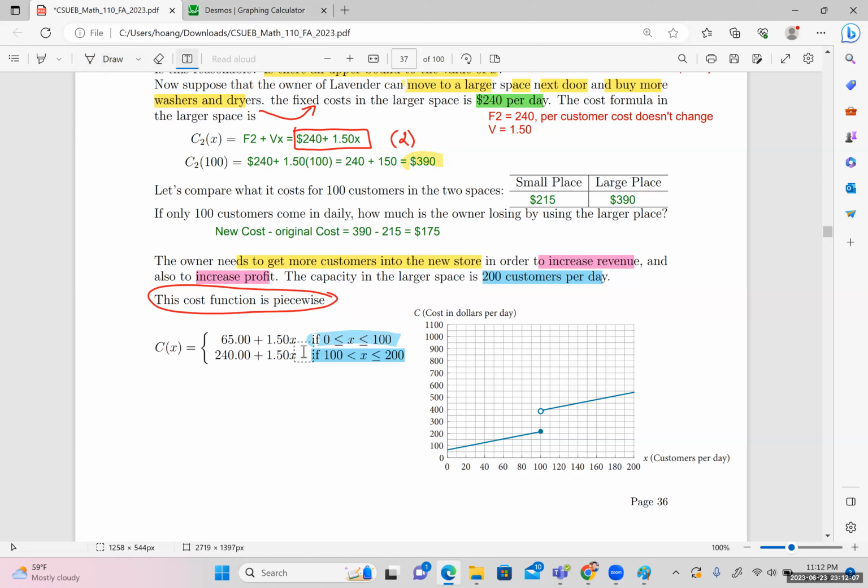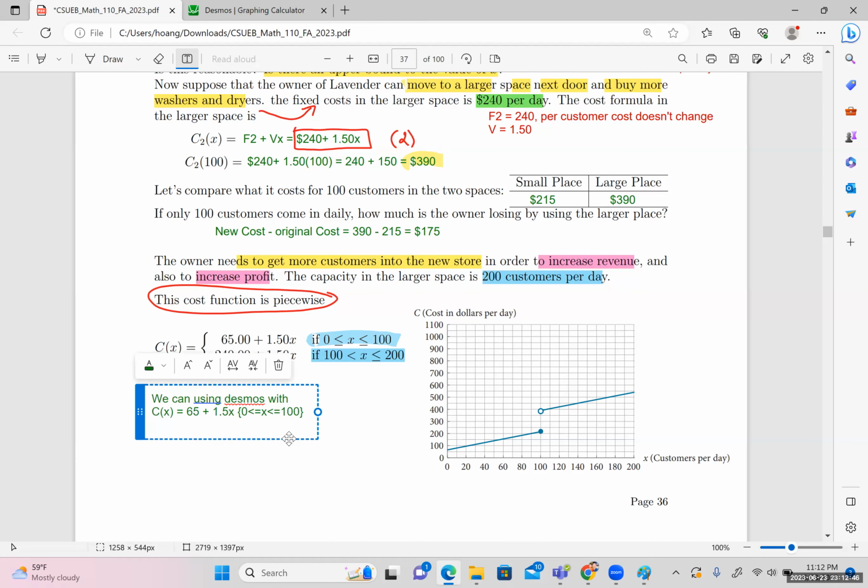Let's say we use Desmos with C of x equal to 65 plus 1.5x, and then use the curly brackets for the requirement: 0 less than or equal to x, and x less than or equal to 100.